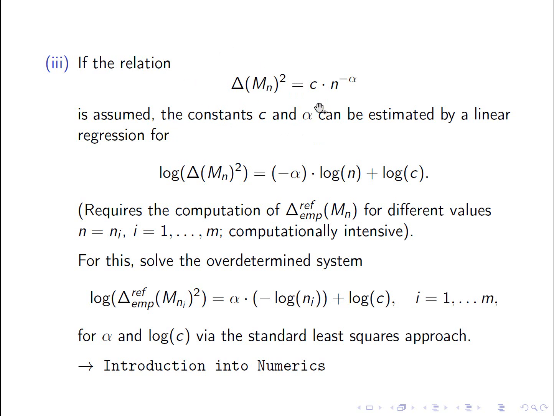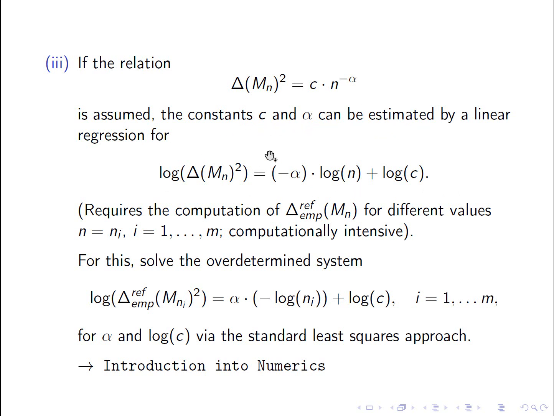If we assume that we have this relation here, so delta Mn, that's the root mean square error or the mean squared error, that this quantity here behaves like a constant times n to the minus alpha. So if we assume this relation, what we can do now is estimate the constant c and alpha by a linear regression for this expression here.